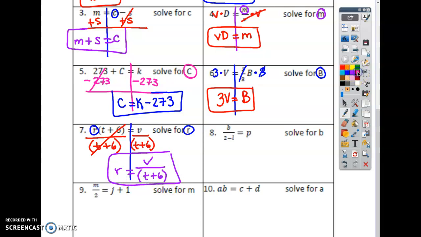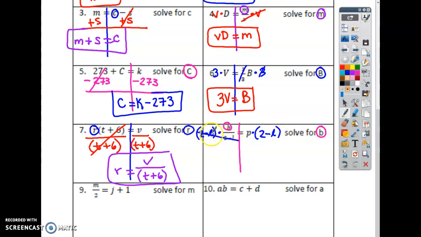Number 8. I want to solve for b. What is b doing? It's dividing, right? What's the opposite of divide? Multiply. So I'm going to multiply both sides. That little dot means to multiply if y'all didn't know. Multiply both sides by 2 minus L. And I'm putting it in parentheses because it has to stay together. 2 minus L. Okay, so keep it in parentheses so it stays together.